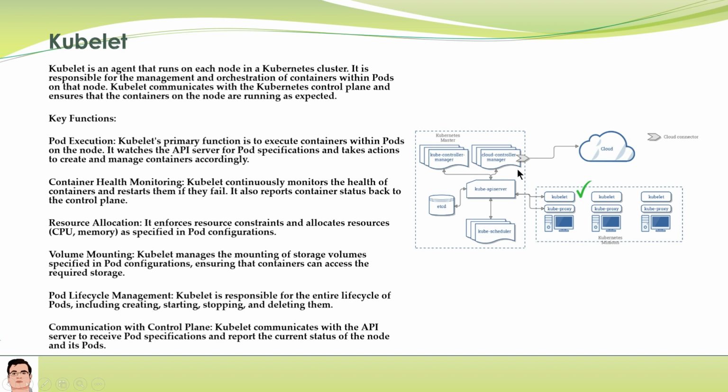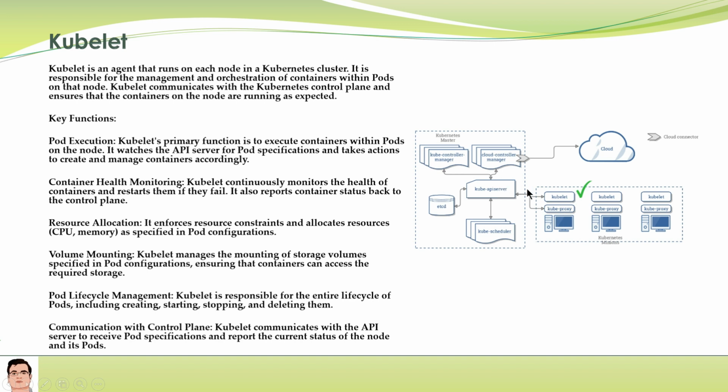Suppose you put a request to the Kube API server to create a pod. At that time, the scheduler will provide the information about which particular nodes have availability, and the Kube API server passes this information to the Kubelet and registers it there. The Kubelet confirms that we deployed this particular pod on this particular node.